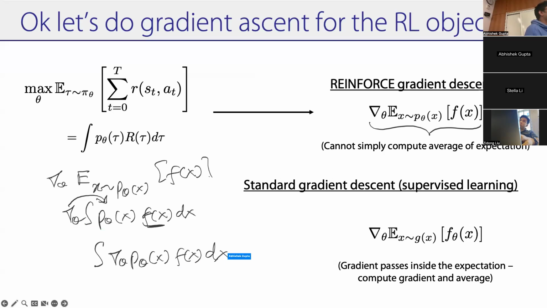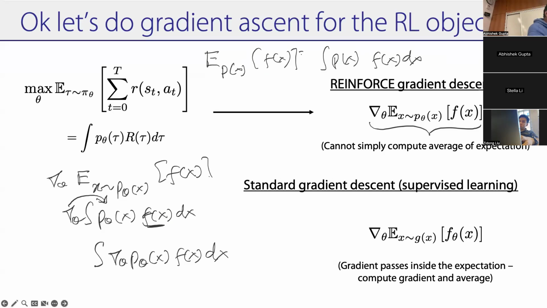And this is a perfectly valid expression. The problem is that this is not an expectation anymore, right? An expectation of some p of x f of x is an integral of a probability distribution multiplied by a function dx.